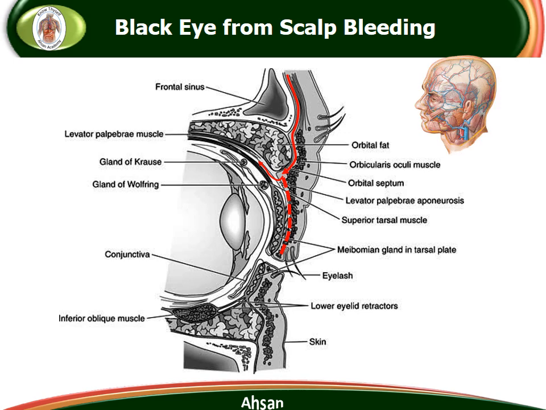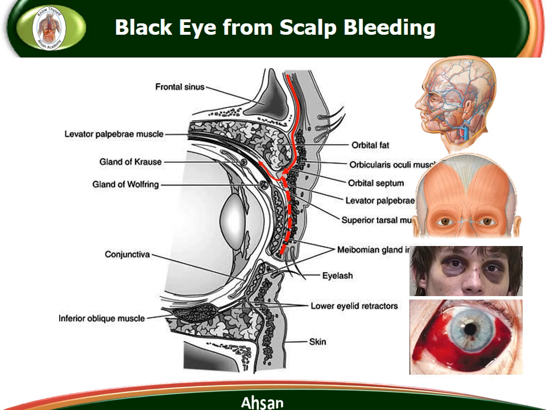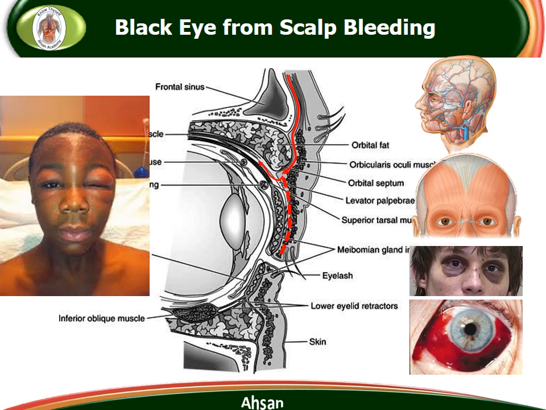So this blood causes a red stain in the eyelids, and we can also see the bleeding under the conjunctiva. This is the condition of black eye of both eyes.